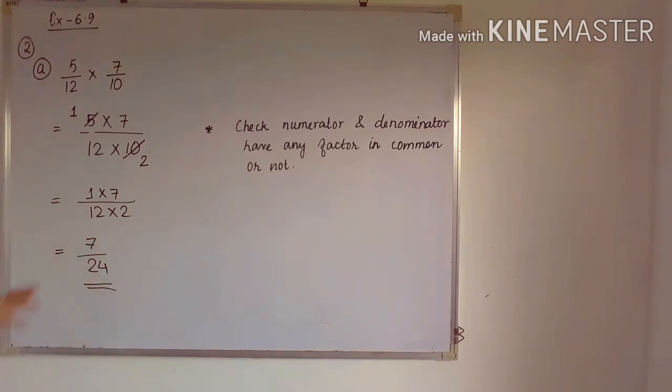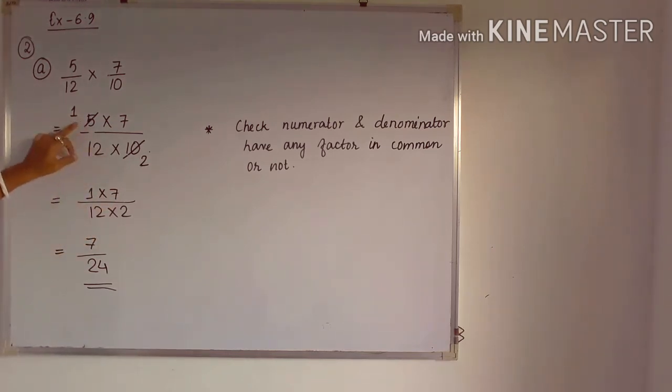Okay, so see students, why we are using the shortcut. If we do the multiplication like this, 5 into 7, that will be 35, and 12 into 10 like this, then the numbers are very big, you can see here. By using the shortcut we can reduce the numbers so that the multiplication becomes simpler.